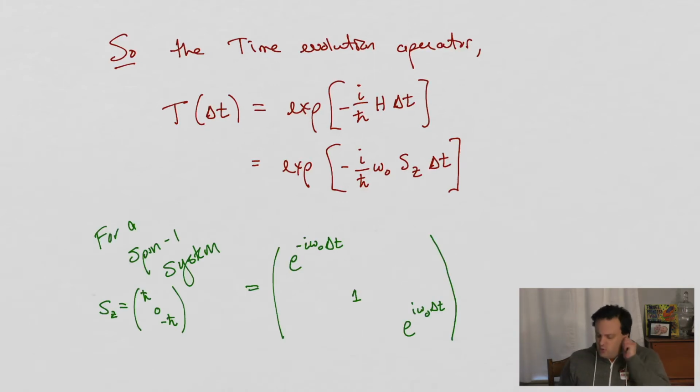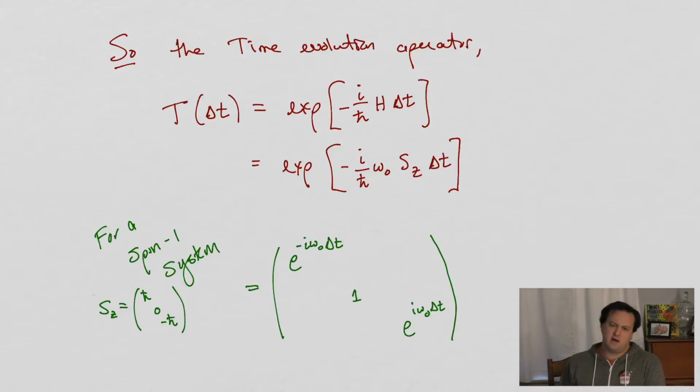So I'm going to do some examples with this explicitly, and in order to do that, I need to come up with some representation of SU(2). So I'm going to go to a spin 1 system, so a 3-dimensional representation. And if I have that, I can quickly write down the Sz operator in its own basis. I'm going to do it the easy way. And then plug that Sz into the expression for the time evolution operator, and I get out a nice diagonal matrix where the entries along the diagonal are, of course, the eigenvalues of the time evolution operator.